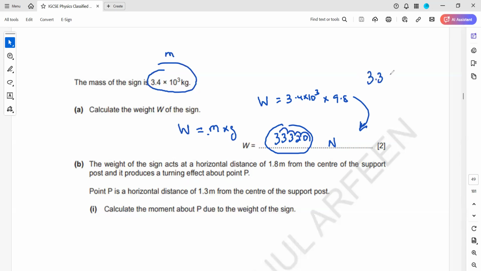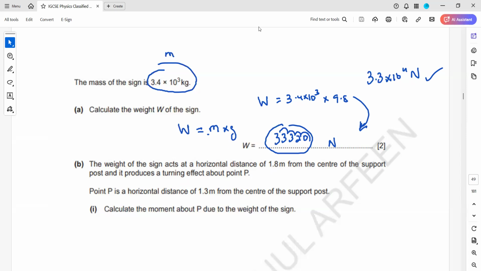So I can also write it as 3.3 into 10 to the power 4 newtons. So whenever you represent the answer, 2 or 3 significant figures are acceptable. Clear about this?